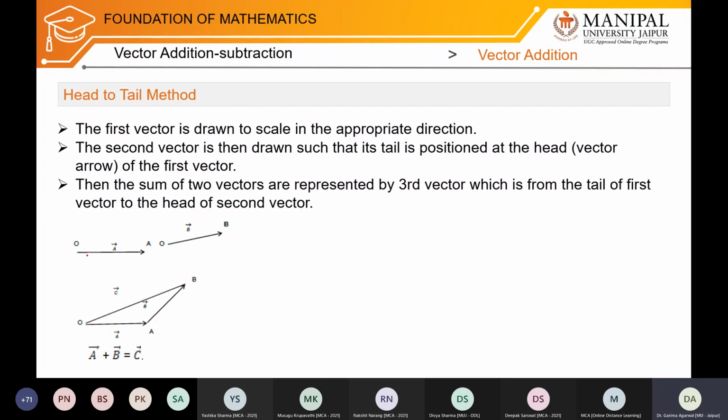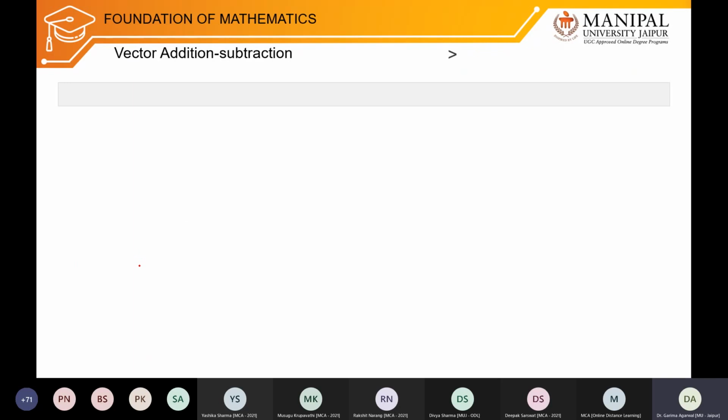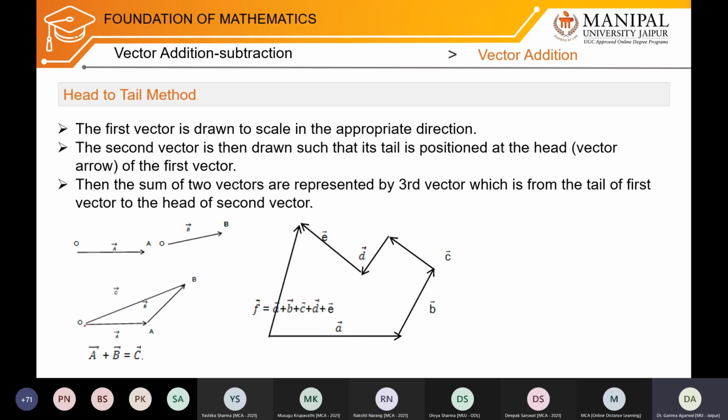Let's say I have the first vector, that is O to A, and the second vector is O to B. If I want to find the addition of these two vectors, we can draw it like that, O to A and A to B. And this is the third line, and we can say that A plus B is equal to C, right?